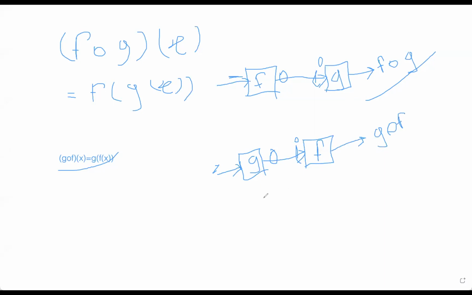Getting how the system is? g composite f: first g comes and then f. And what about f composite g? It is f first, and the output of this function is given to the second function. This is the chaining process.